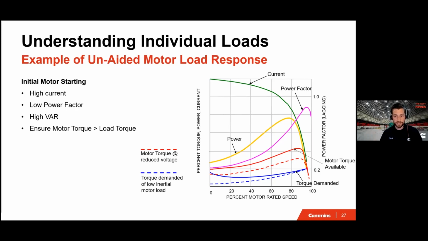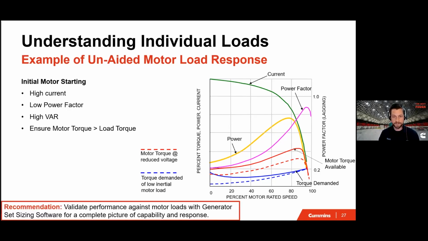The ability of a generator set to appropriately respond to a large motor load is also a system requirement on the entire generator set, not just a component requirement of only the alternator. Solely relying on calculated voltage dip of the alternator alone may paint an incomplete picture. So how can we know for certain that the generator set will be able to accommodate the required load to start such a motor?